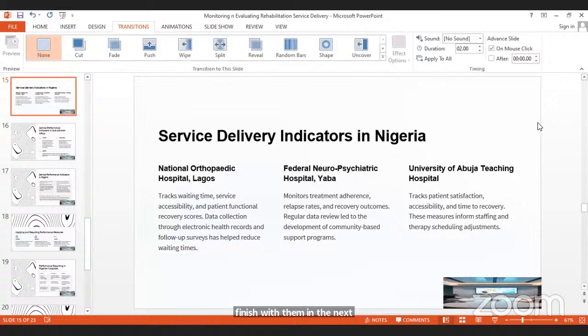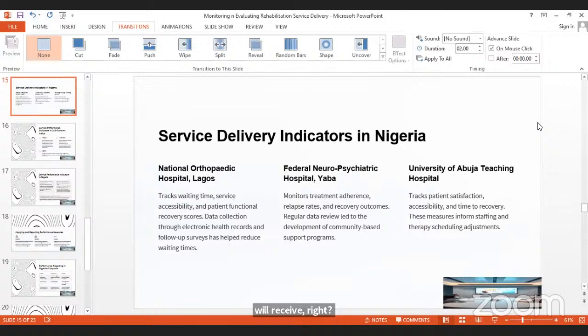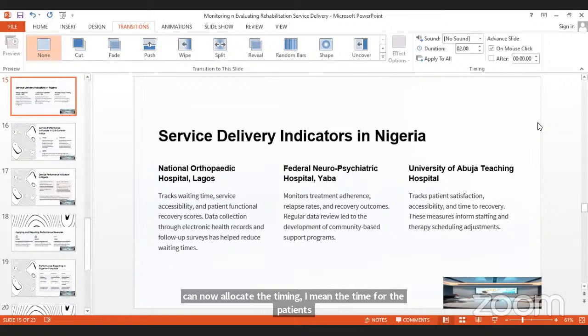That means some of them will waste 3 hours waiting for your services. By coming up with an idea of how long each client will receive, you can allocate time for the patients, and by that you must have reduced their waiting time.